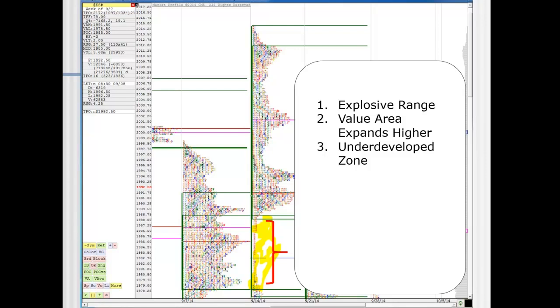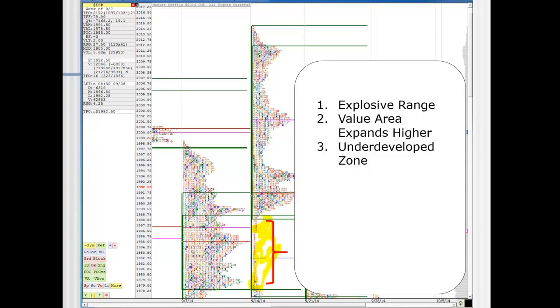So that underdeveloped zone is akin to that activity in the market. So certainly it is a very bullish occurrence, and this also leads quite often to individuals making such a hasty bias about potential direction in the market.